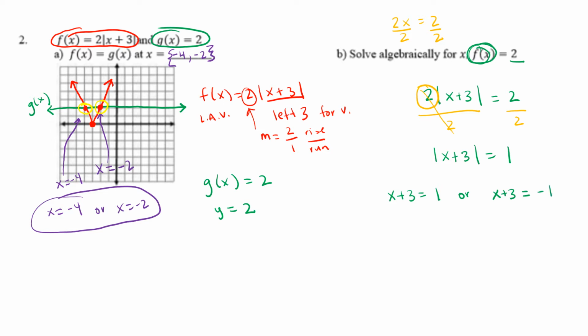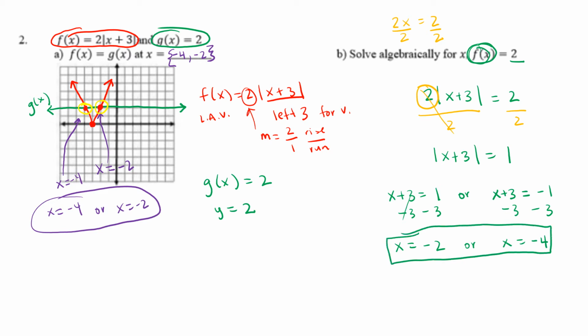Those are our two equations. We should be able to solve those. Simple one-step equation. Subtract 3 from both sides. x equals 1 minus 3 is -2. Or subtract 3 from both sides again. x equals -1 minus 3 is -4, giving us our two answers there, -2 and -4, which again matches up perfectly with our answers from our graph.